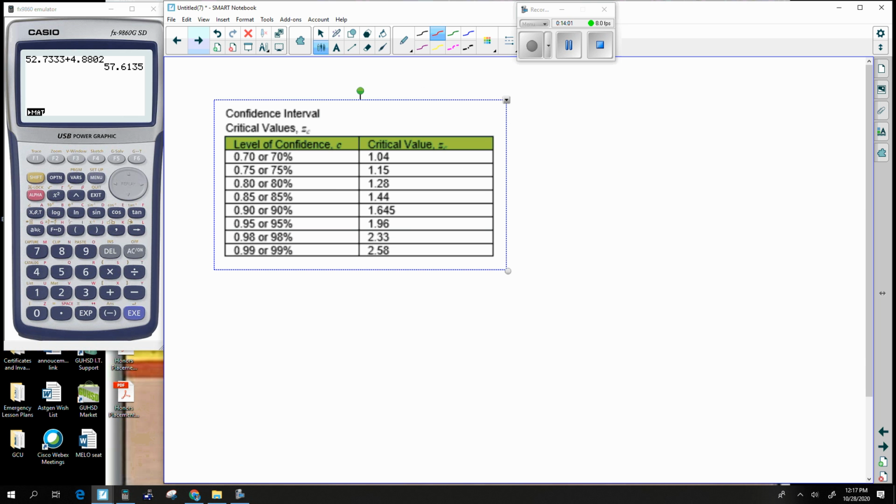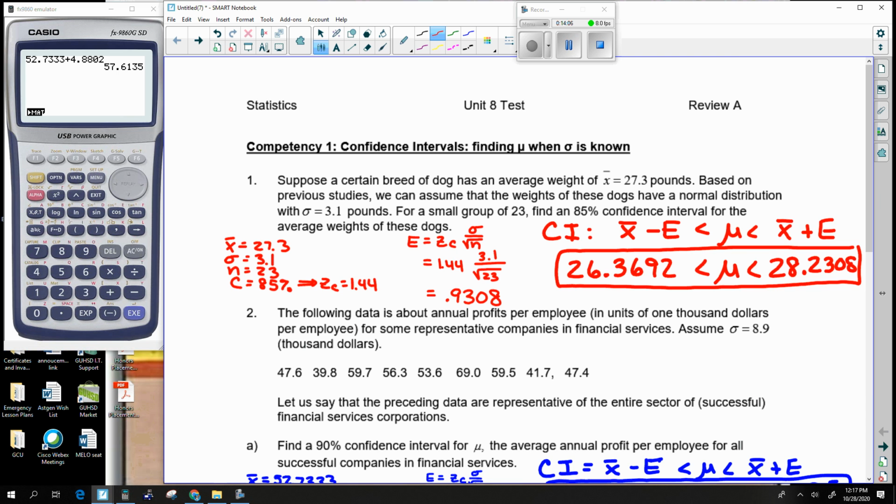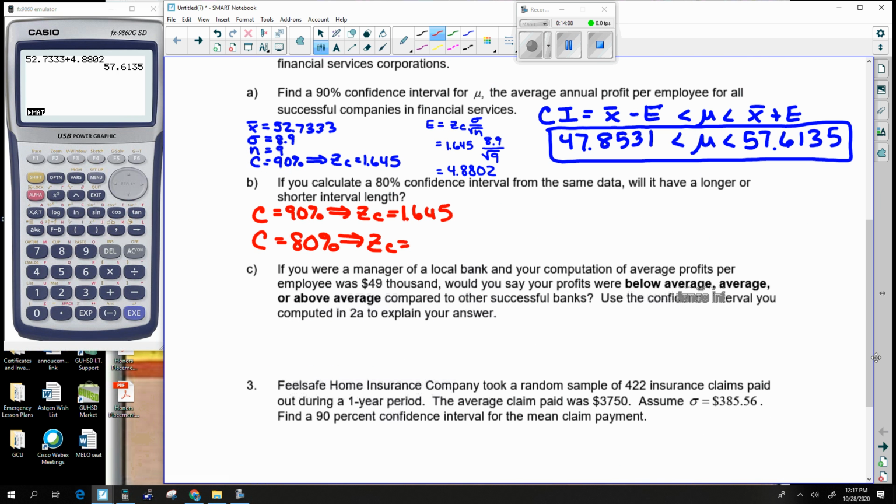If I made my confidence 80%, that makes it 1.28. So right here, ZC just got smaller. So step number 1 is we identify and show that the ZC gets smaller.